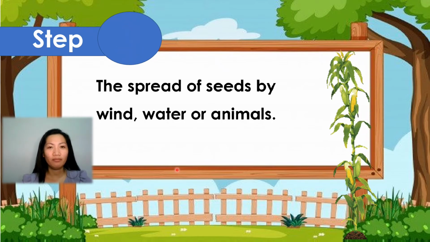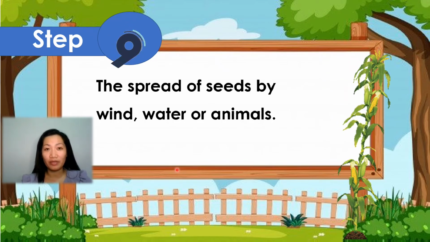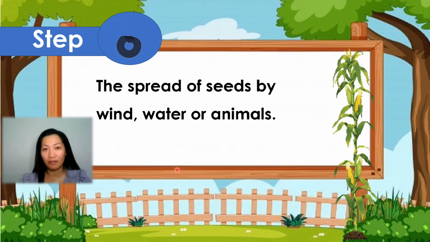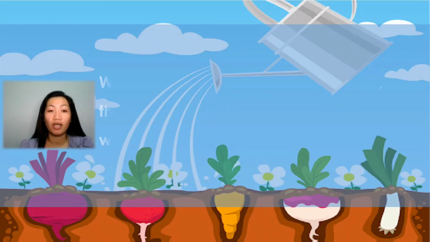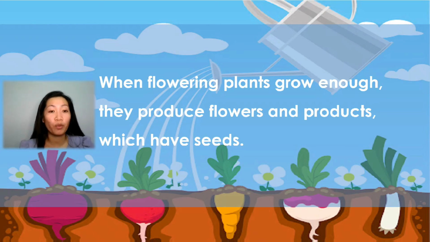So that is step number 6, the last step. All right. So when the flowering plants grow enough, they produce flowers and products which have seeds. So that's the 6 steps of the life cycle of a flowering plant.